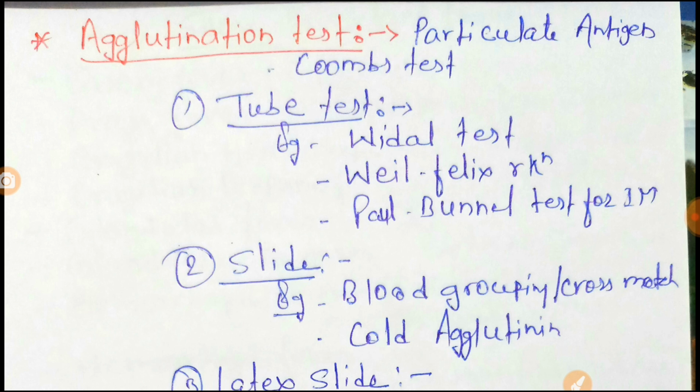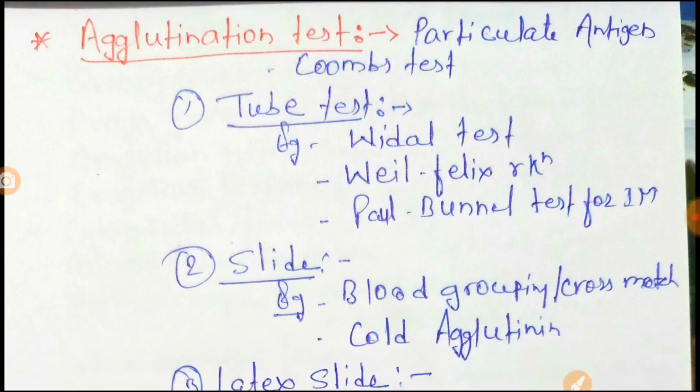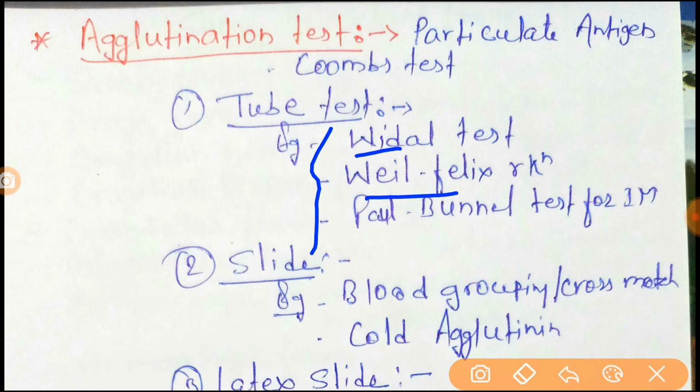Examples are the Widal test, Weil-Felix test, and Paul Bunnell test. All three were asked in previous years, so you have to remember these tests: the Widal test, Weil-Felix test, and Paul Bunnell test.